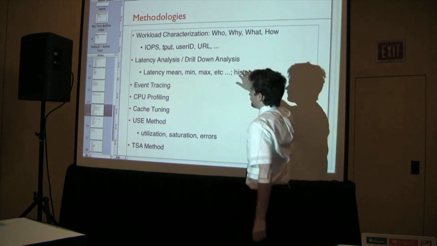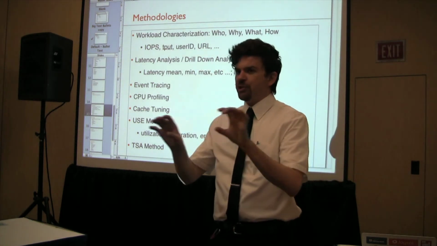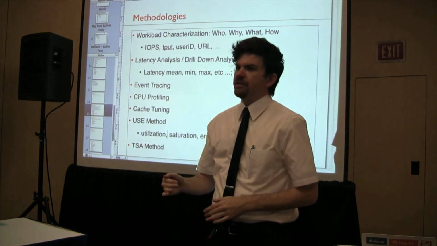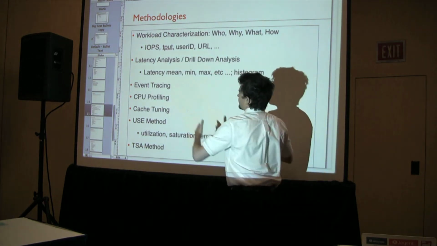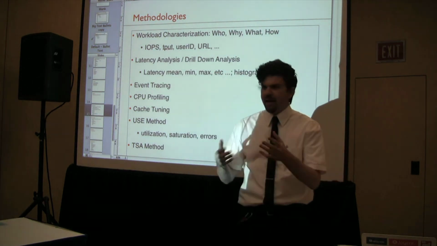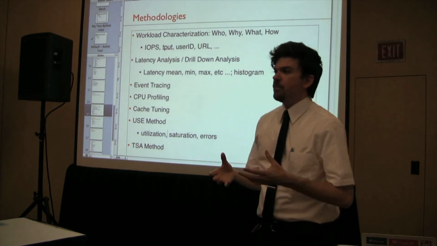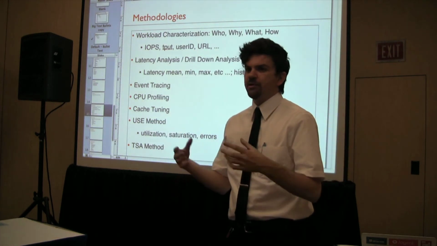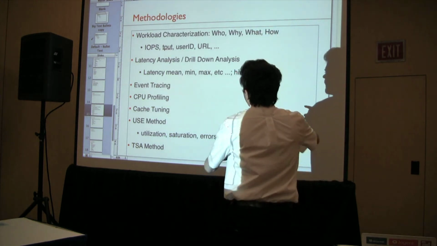Latency analysis, drill down analysis: that's where I want to have rich latency metrics for my distributed environment or at different layers of the stack. You may come up with the statistics: mean, min, max, standard deviation, MAD, etc., plus a histogram, so that when you need to, you can properly see the full distribution, whether it's multimodal, how the tail looks, and so on.